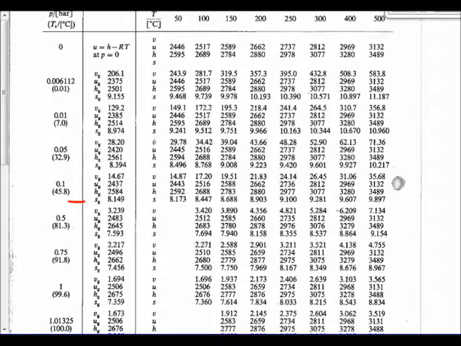We look at our 1 bar row and look at our enthalpy and keep coming across until we hit the column for 150 degrees Celsius, in which case the enthalpy at that point is going to be 2777. That is 1 bar, 150 degrees Celsius.